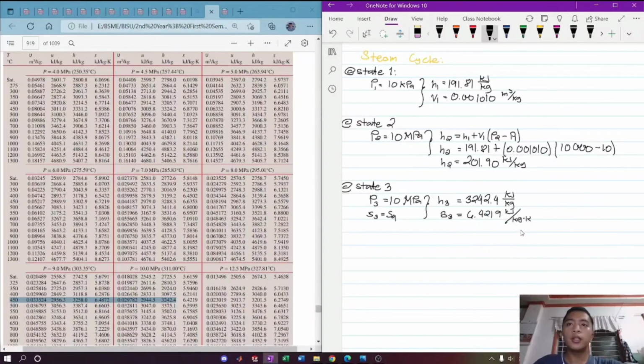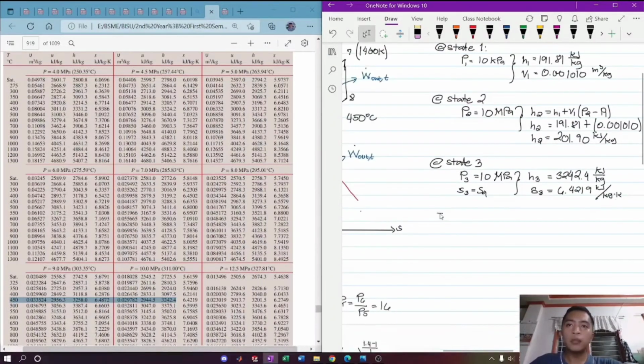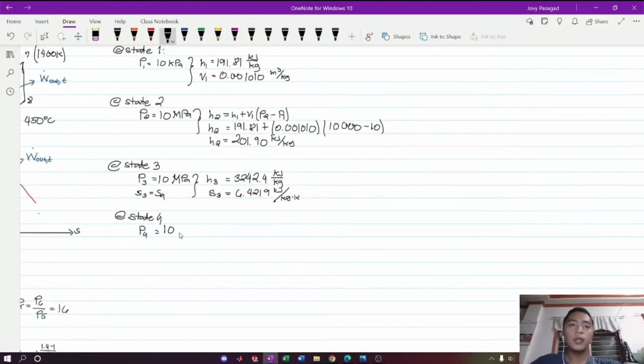Now solving for state 4. At state 4, P4 is equal to 10 kPa.